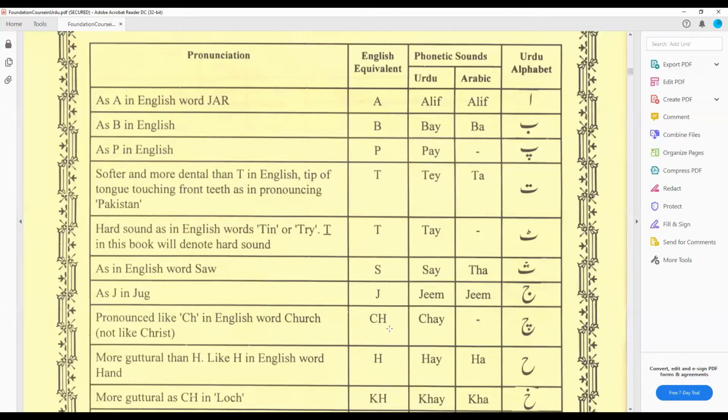Any letter starting with CH you can pronounce like the English word church. Che. And then Hey.